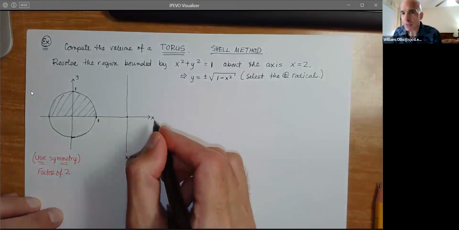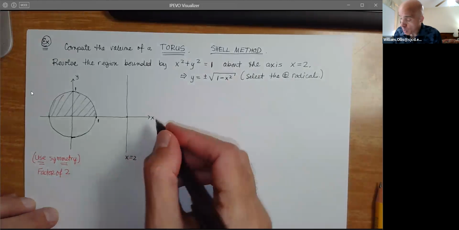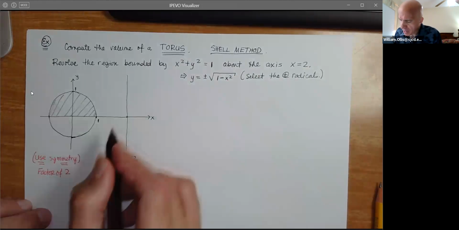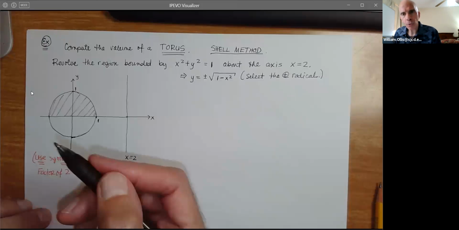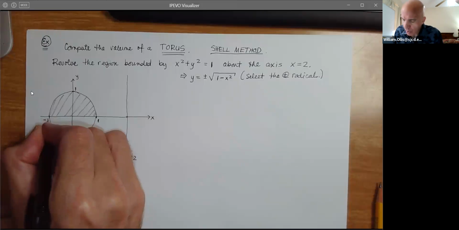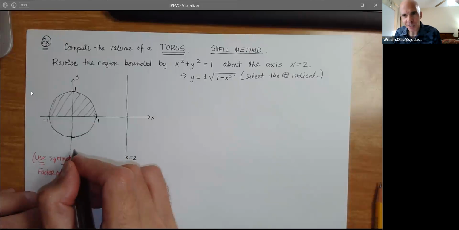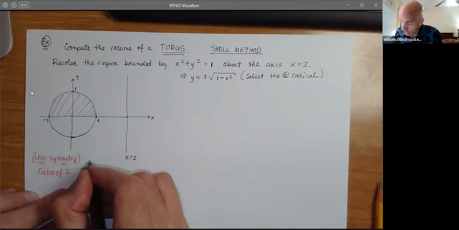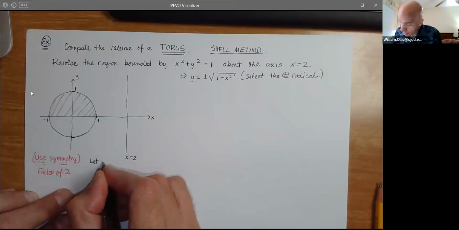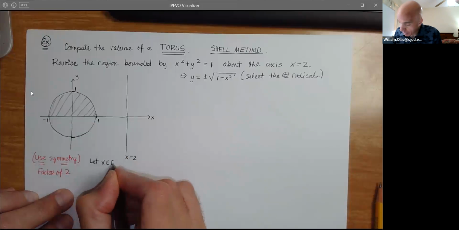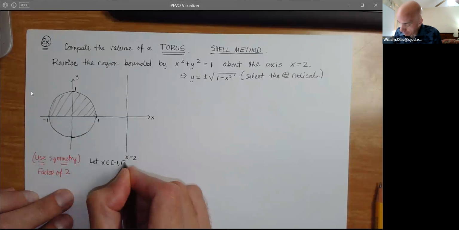Algebra and trigonometry and calculus, you really do have to watch what you're doing. It will burn you if you don't. So now, oh, okay, got a -1 here. Oh, I see, we have a symmetric interval. Interesting. Maybe we're going to use one of those results. So let x live between -1 and 1.